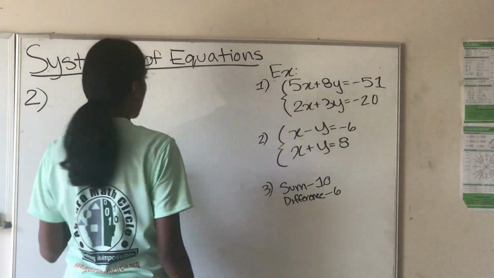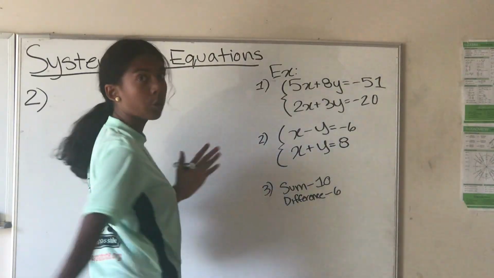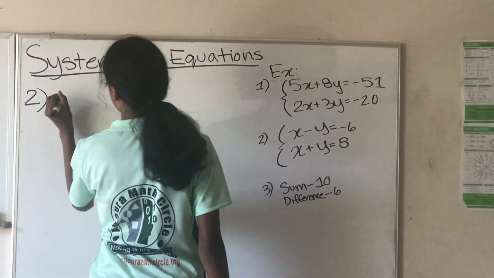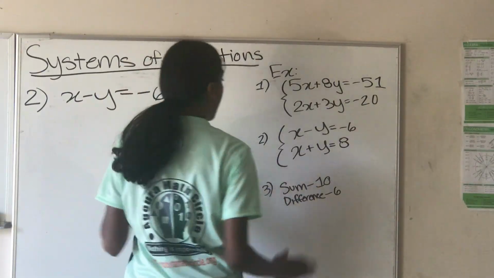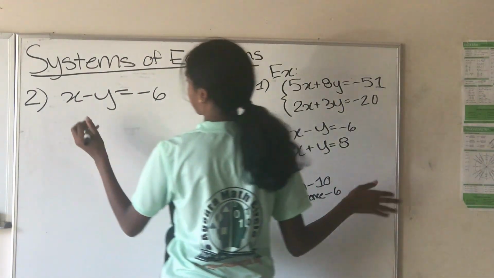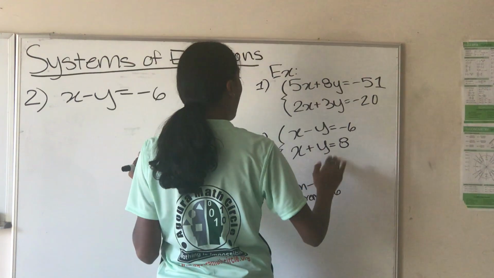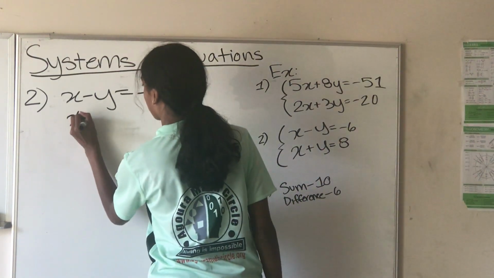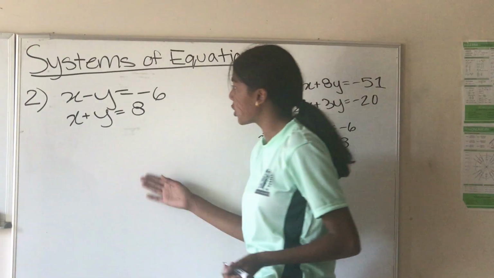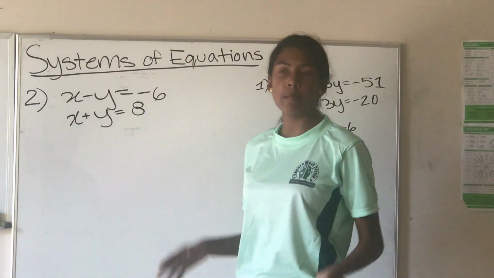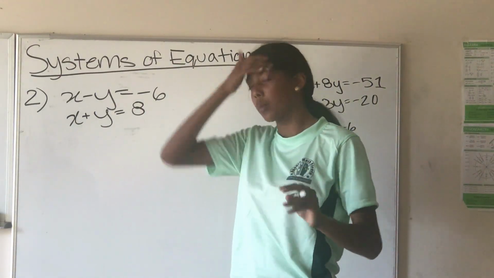So we're given the two equations, x minus y equals -6, and x plus y equals 8. Something amazing about these equations is we can add them, subtract them, manipulate them any way we want.